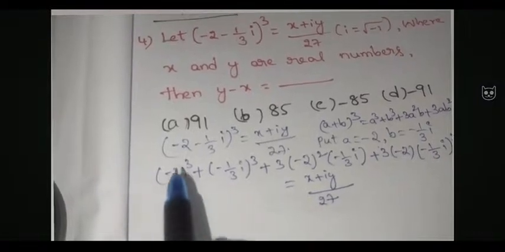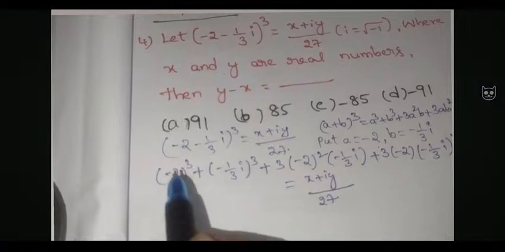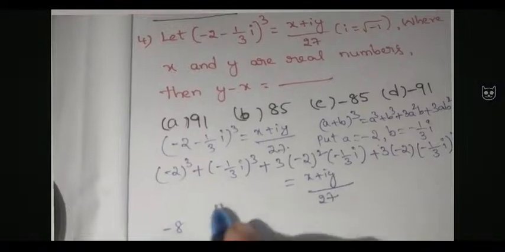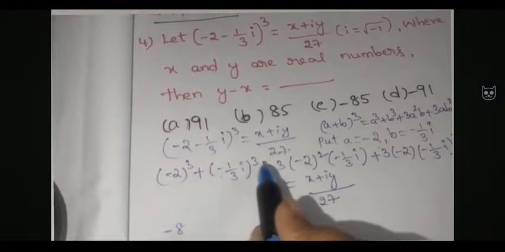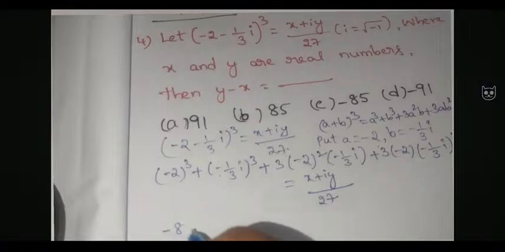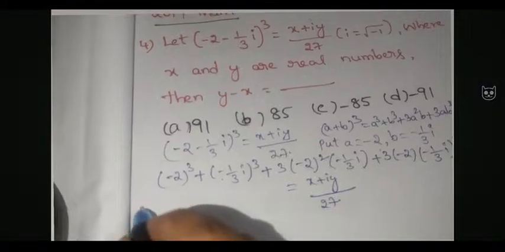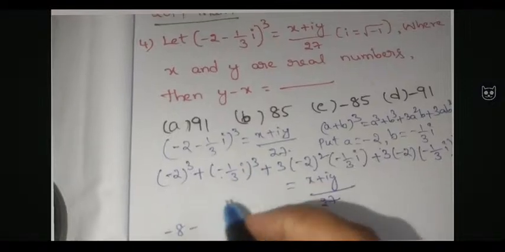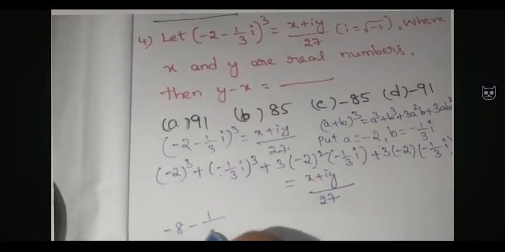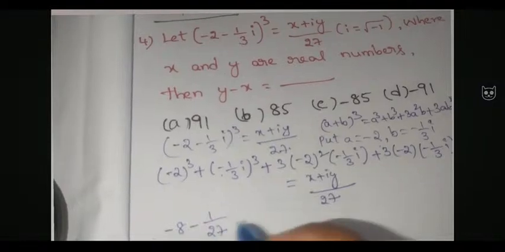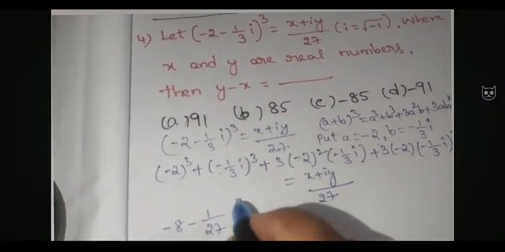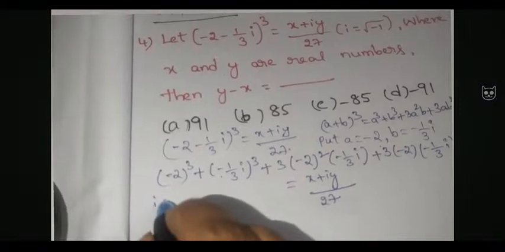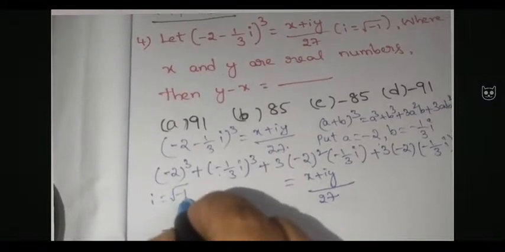Now simplify this left hand side expression. So minus 2 whole power 3 is minus 8. And next, minus (1 by 3 whole cube), 1 by 3 cubed is 1 by 27, into i cube. What is the value of i cube? i is root minus 1.